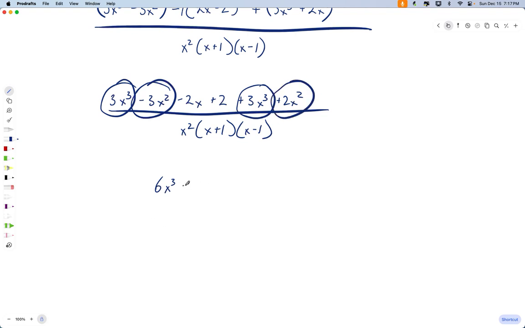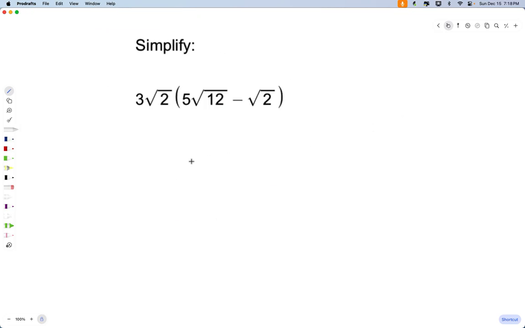That gives us a minus x squared. And then we have minus 2x plus 2. And that's going to be over x squared times x plus 1 times x minus 1. That is our solution.